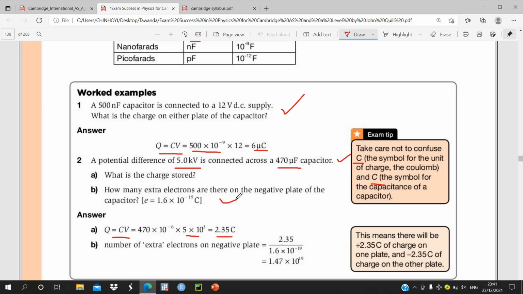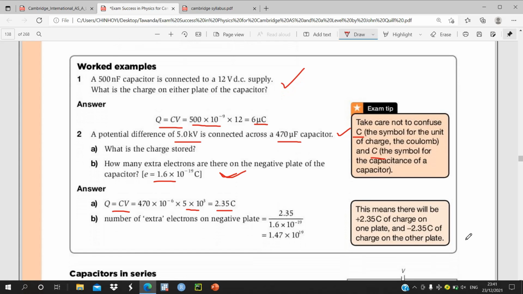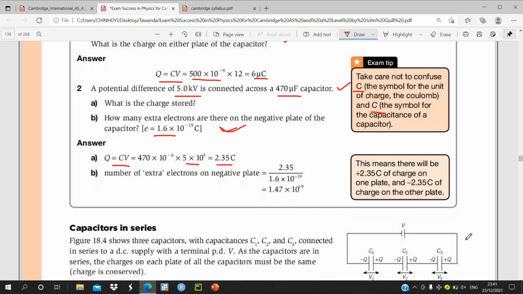Then if you read part B, it says: how many extra electrons are there on the negative plate of the capacitor? You are given this value, that is the charge of each electron. If you want to find the number, remember from DC, from current, that charge is equal to, in this case, CV.